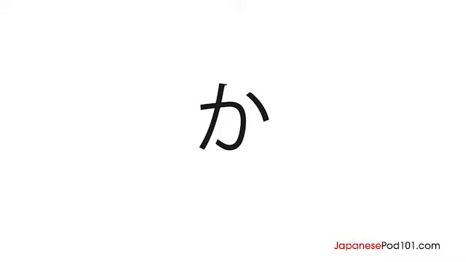Ka actually means a mosquito. Do you remember this one? It's e. I. Ko.